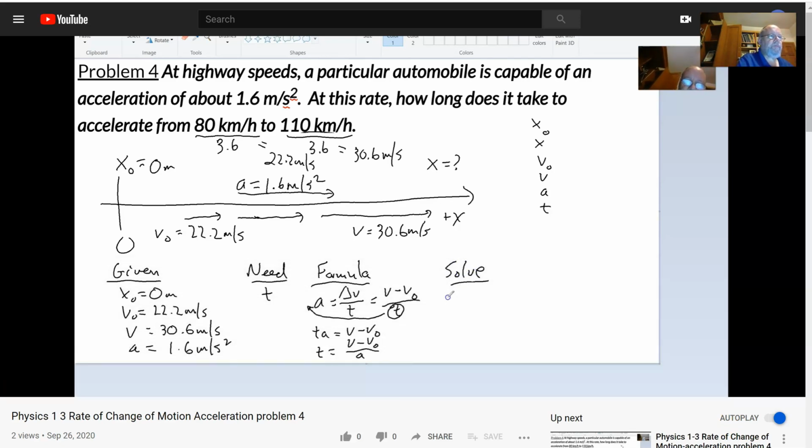So I write out, solve t equals, my final velocity was 30.6 meters per second. My initial velocity is 22.2 meters per second. And we're dividing by 1.6 meters per second squared.